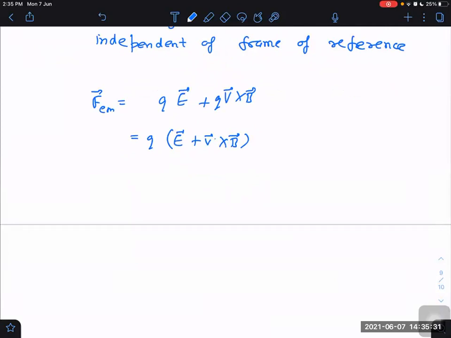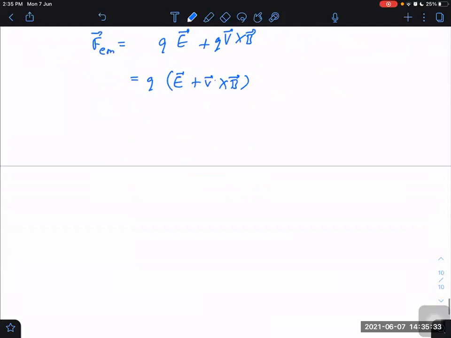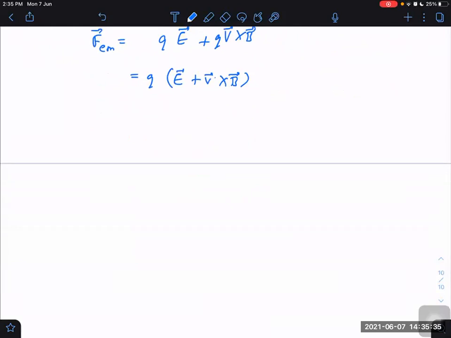Let us write some equations for this now from different frames. Let us say the velocity of the charged particle in one frame is V, and in another frame it is, let us say, what should I call it, velocity with respect to observer O. Are you hearing me?